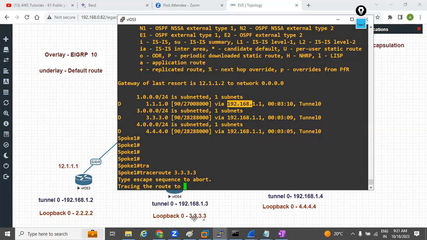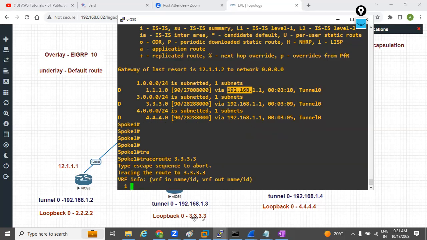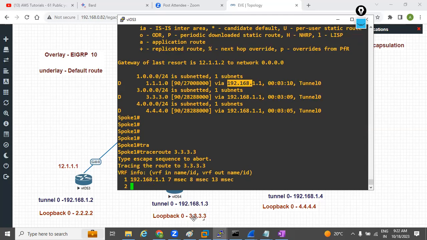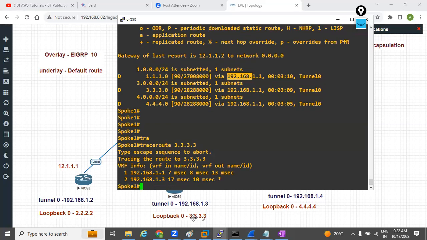First it goes to the hub and then comes back to the spoke.